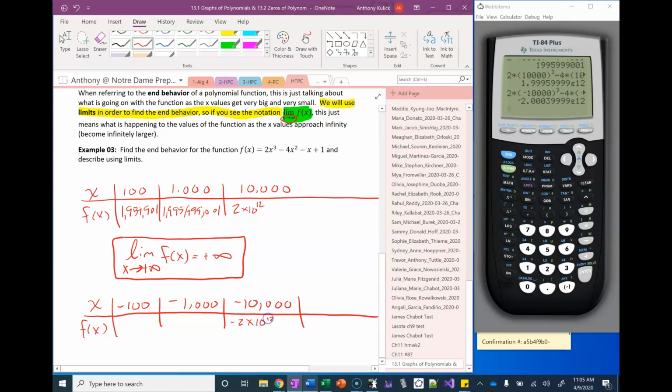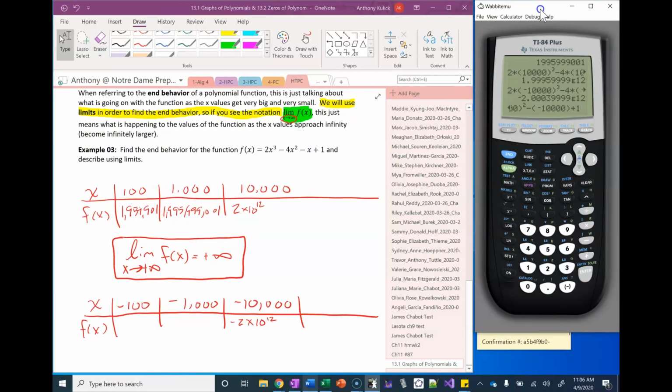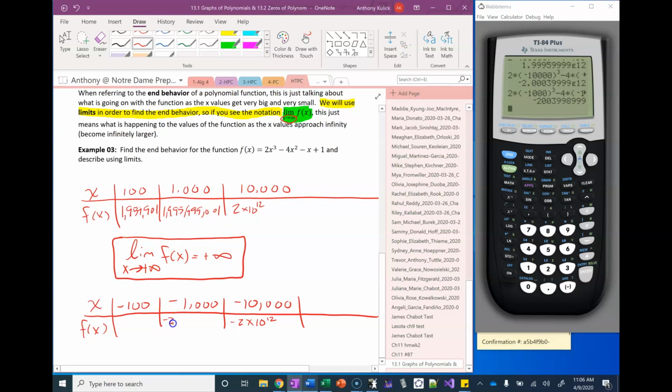Again, I'm not so much concerned with the actual values. I'm just looking at the pattern. So here we saw things were getting progressively bigger and bigger. Let's see what happens now when I do a negative 1,000. So when I do that, I get negative 3,998,999.